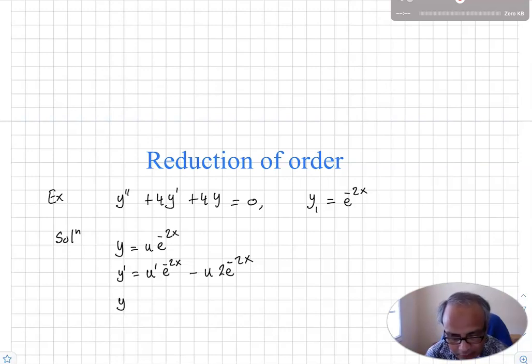Now you differentiate y prime again. So you have two parts. In the first part, differentiate first function u double prime plus you differentiate the second function, so u prime is intact, minus 2 e to the power minus 2x.